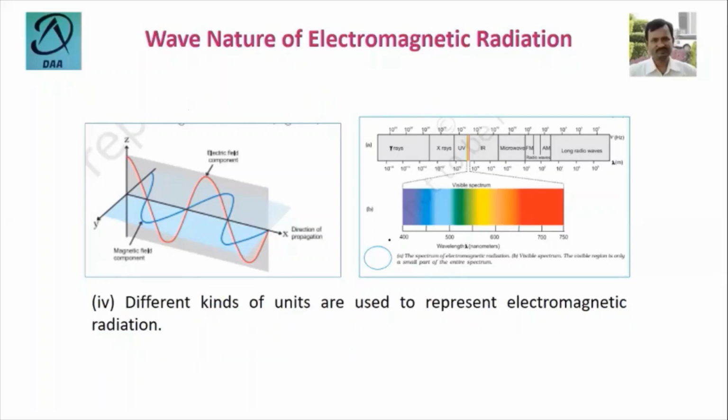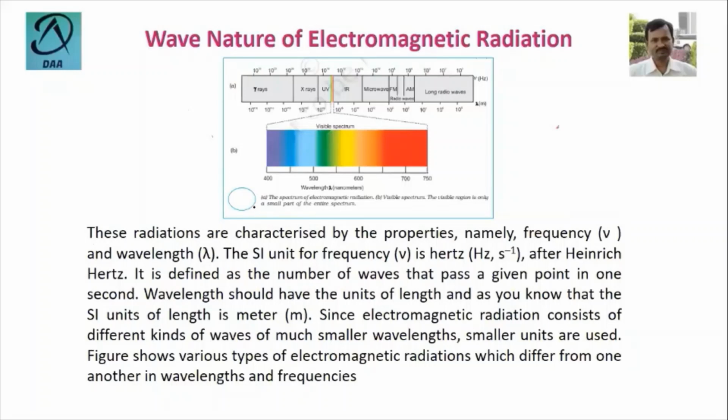Different kinds of units are also used to represent electromagnetic radiation. Here you can see the different units. For wavelength, it is lambda. For frequency, the SI unit is the hertz, Hz, which is per second, or s inverse. It is named after Hertz, who did experimental determination for electromagnetic radiation.